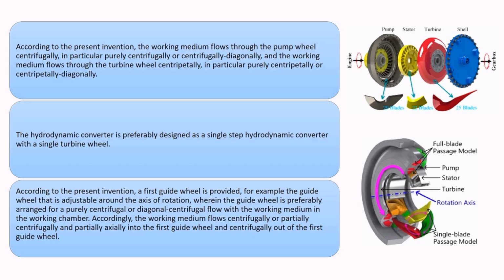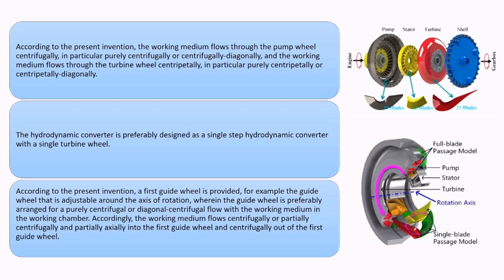Now the hydrodynamic converter is preferably designed as a single step hydrodynamic converter with a single turbine wheel. In the second figure we can see the components of the hydrodynamic converter. Here the full blade passage model, pump, stator, turbine, and axis of rotation in the center, and the single blade passage model. So according to the present invention, a first guide wheel is provided.